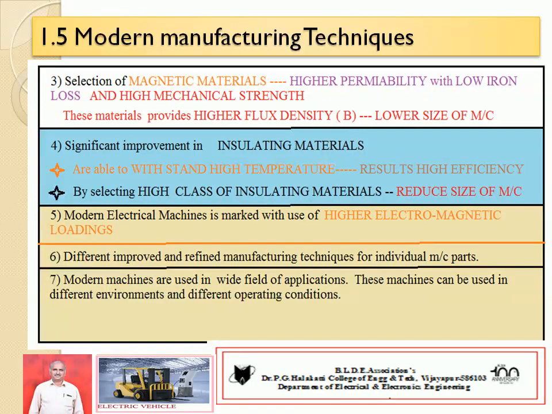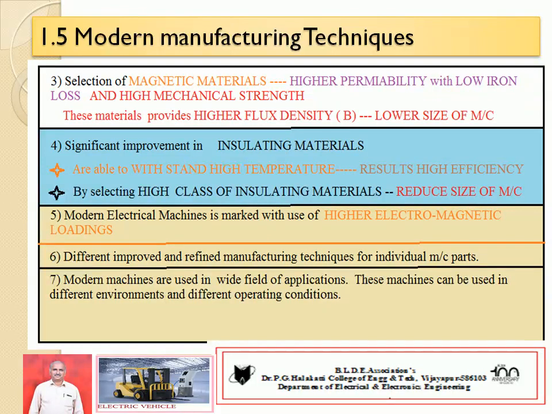Hence, the life of the machine increases. It is also possible to design the machine for optimum efficiency. This is very much needed. One of the challenges is to design the machine for optimum efficiency. We can observe this in the energy efficient machine, which is designed for 95% efficiency and 0.95 power factor. By using a suitable class of insulating materials, it also reduces the size of the machine.